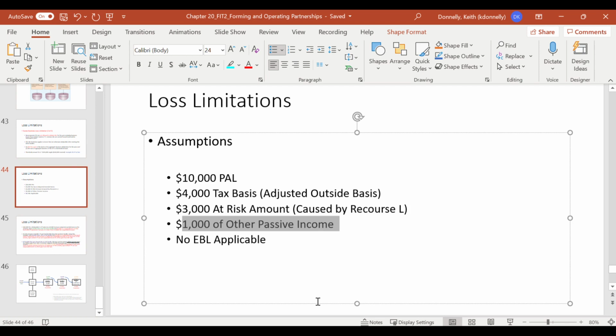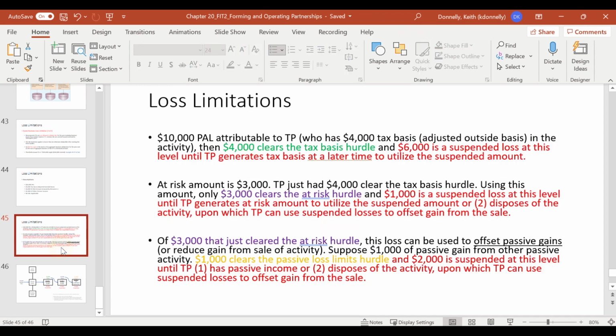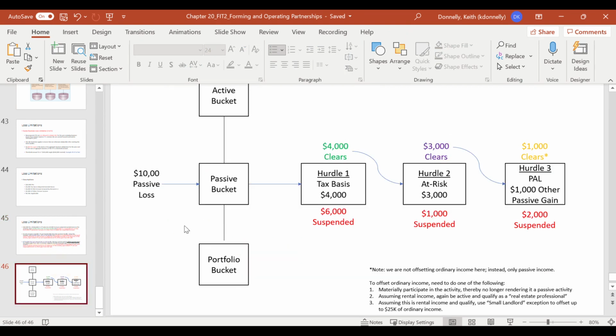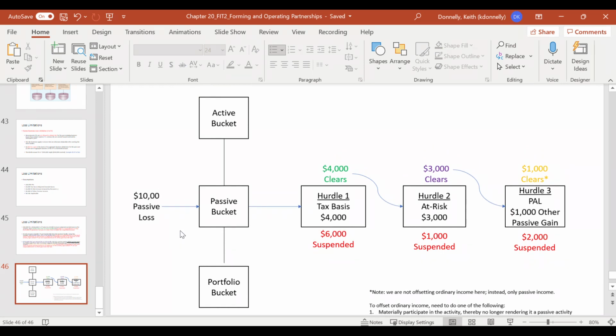So this is showing us in words what's going on here, but this is what's actually showing us what's going on. So we have a $10,000 passive loss. This is the starting point. First thing we do is we say this goes into the passive bucket, right? It's not active income. We're not a managing partner. It's not like a stock or a bond.